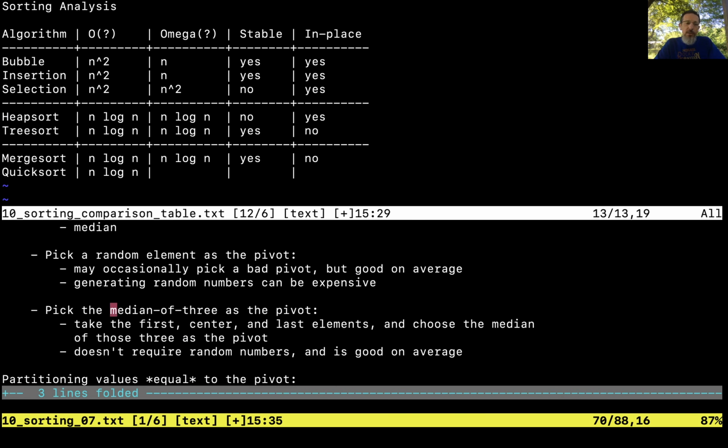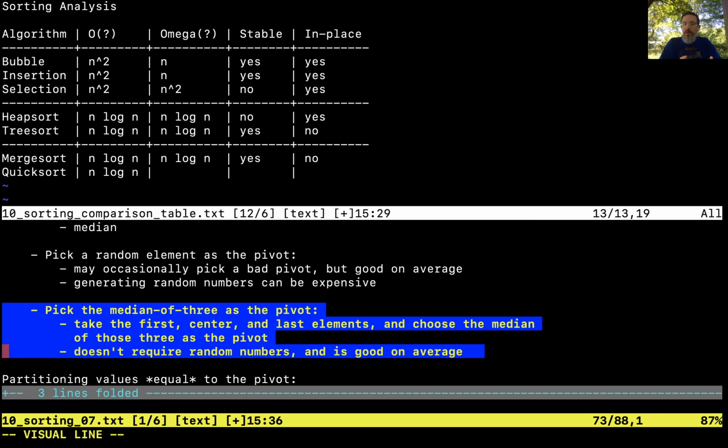And the book that we're using suggests the median of 3 as the pivot. That's where you take the left end index, which is a bad idea by itself, the right end, which also is a bad idea by itself, and the middle element, which is also a bad idea by itself. But you take those 3 elements and pick the median of those, which you can compute in a fixed amount of time, and very quickly, and choose that as the pivot.